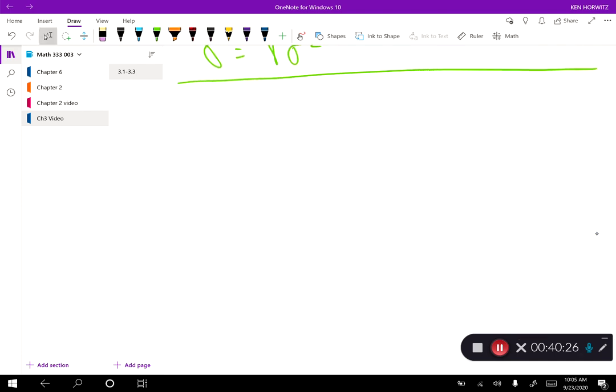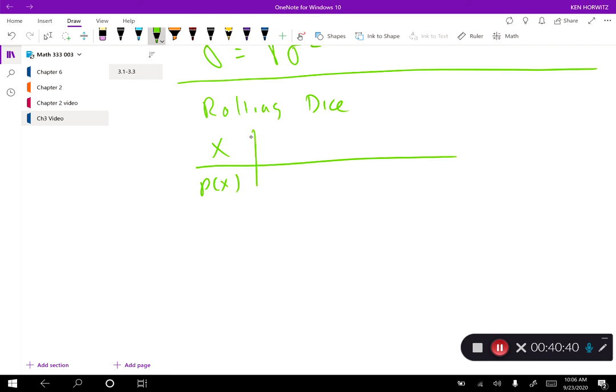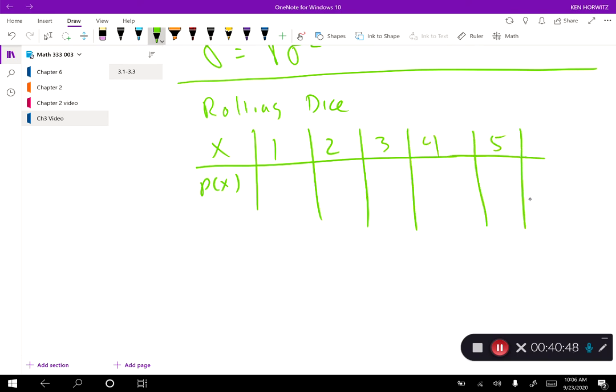All right, so my probability distribution for tossing a die, rolling a dice. I have x, p of x. Remember I told you any die is always going to be standard.